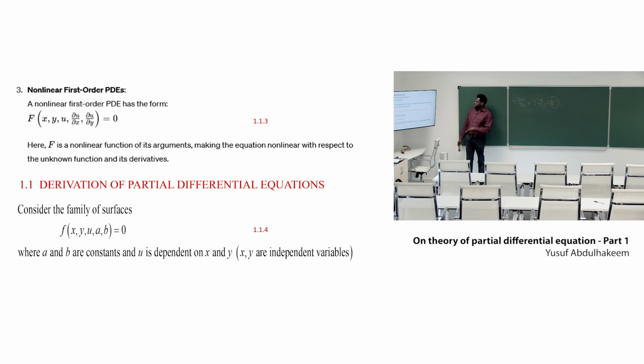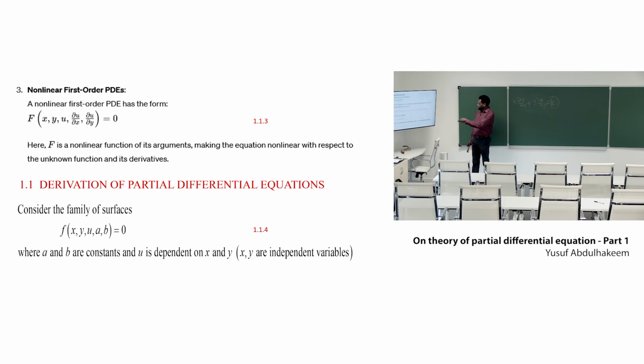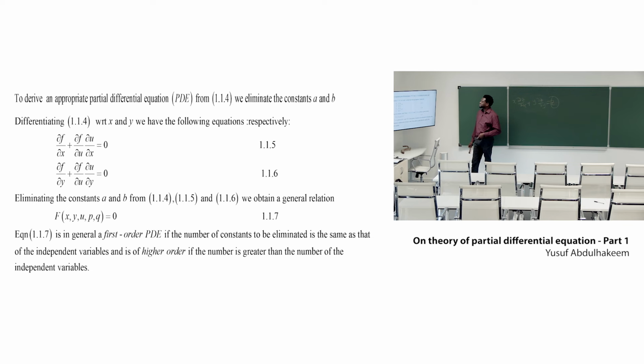Consider the family of surfaces in 1.1.4 where a and b are constants and u is dependent on x and y, where x and y are the independent variables. To derive the partial differential equation, PDE, from 1.1.4, we eliminate the constants a and b by differentiating 1.1.4 with respect to the independent variables x and y.